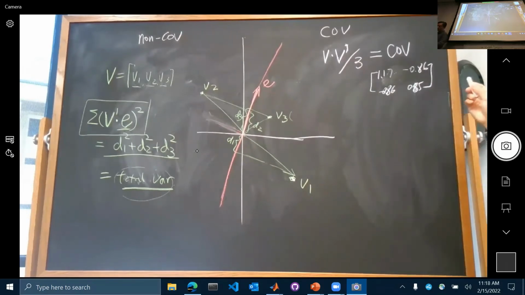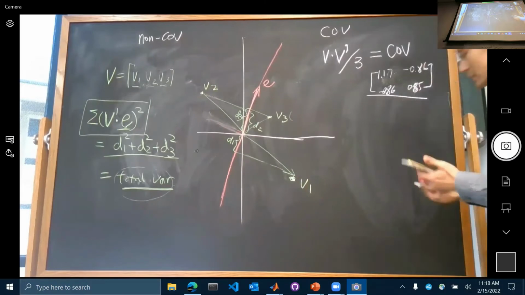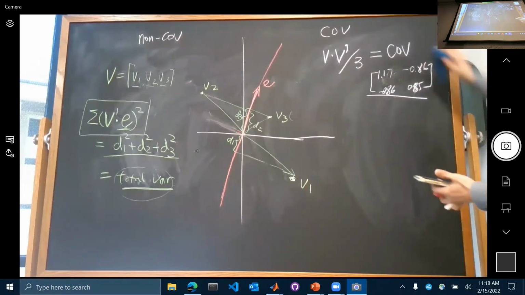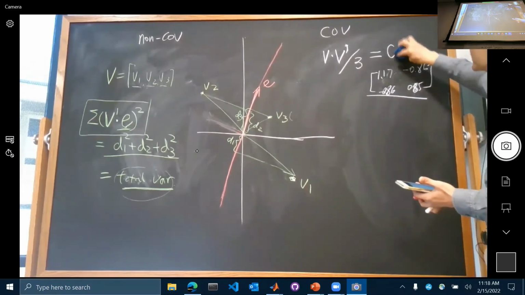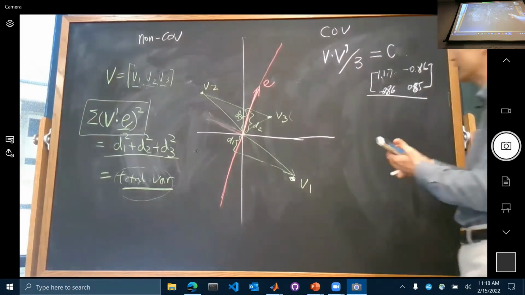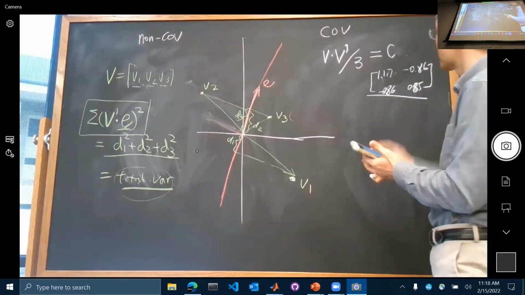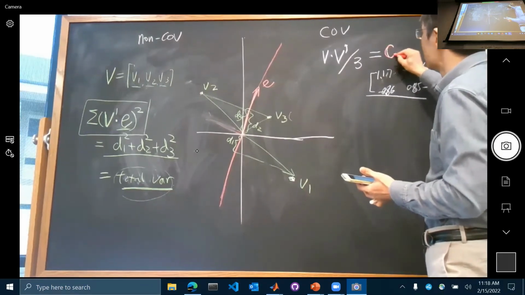In that case, if I call the covariance matrix C, I'm going to use the covariance matrix as my rotation matrix. For some reason, that's just the way it works.